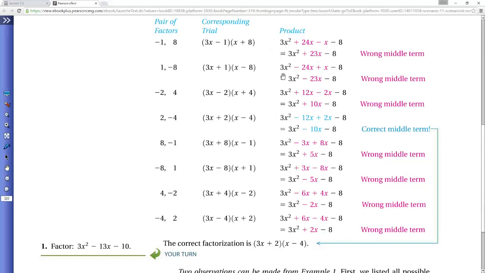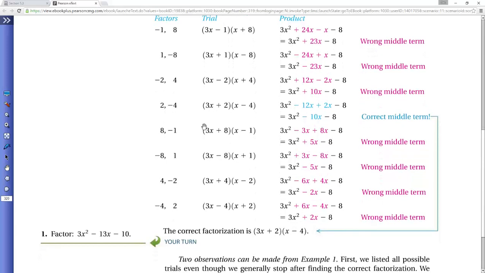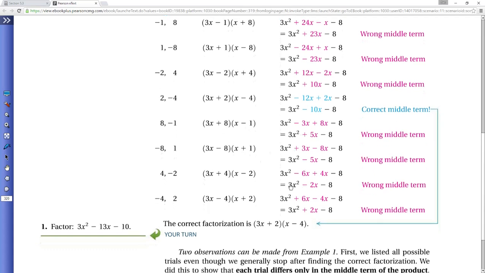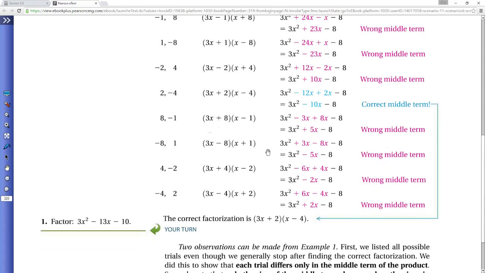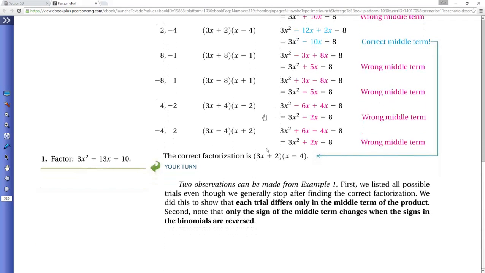And they'll say later on, typically, as you're testing and going through these combinations of factors for these binomials, once you find that middle term, you're going to stop. They basically listed the rest out just to show that there are a lot of possibilities that occur, even when this first term is prime, in a sense, or the coefficient's prime.